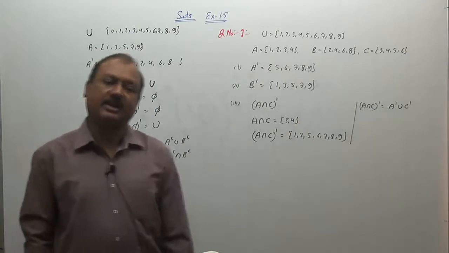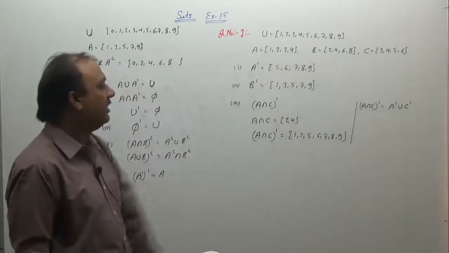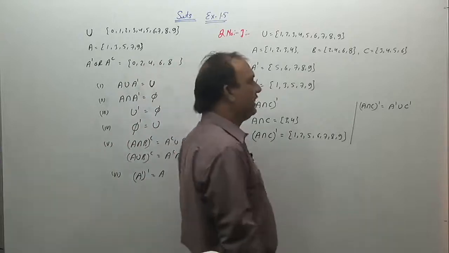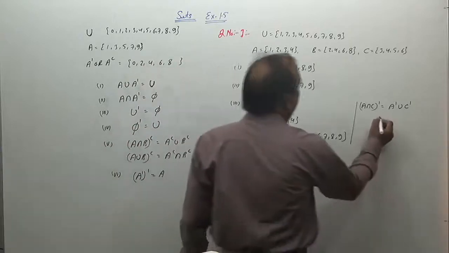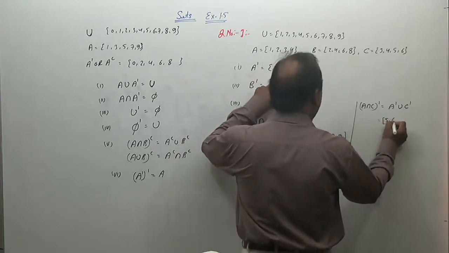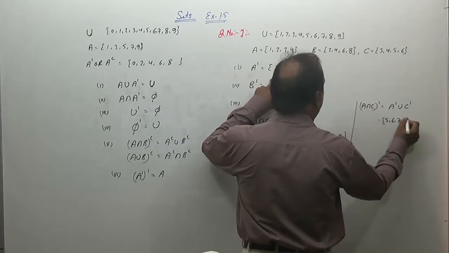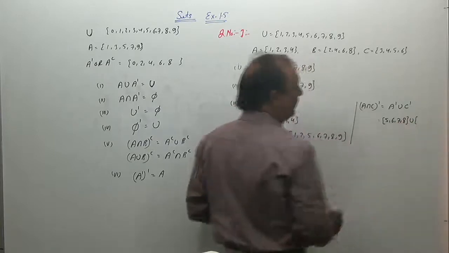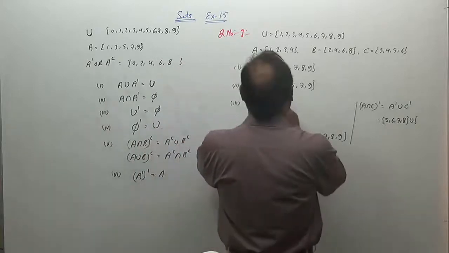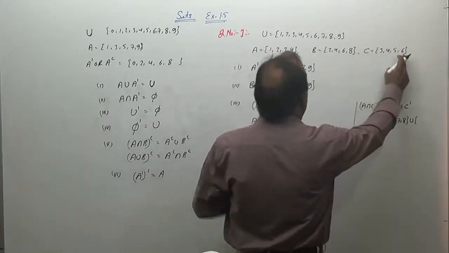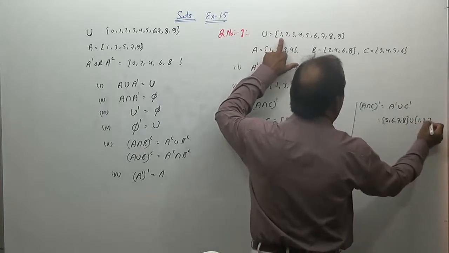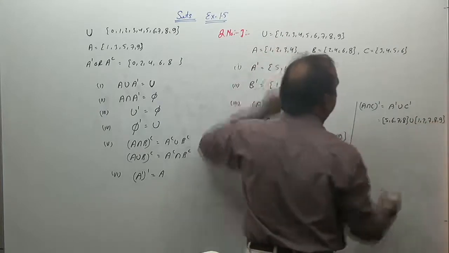This is the second way to find A intersection C complement, by taking the complement of set A and the complement of set C. The complement of set A is 5, 6, 7, 8 and 9, and the complement of set C contains the elements 1, 2, 7, 8 and 9.